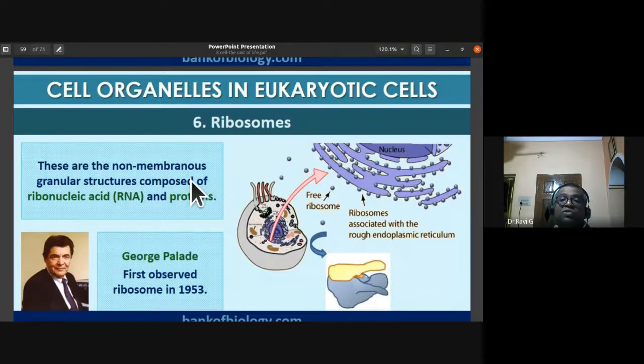Ribosomes are non-membranous granular structures composed of RNA and proteins. These are cytoplasmic ribosomes, but we have already discussed ribosomes within cell organelles like mitochondria and chloroplast.